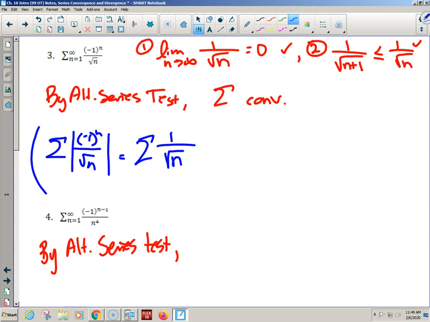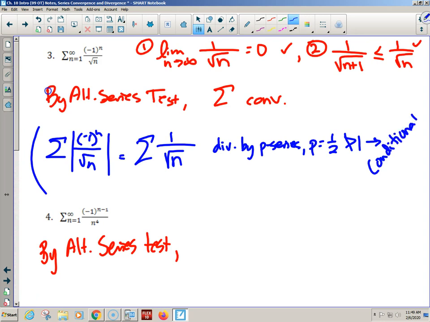Guys, what would this series do if I ignored the alternator? So what does this lead us to? What type of convergence does it have? Conditional. Yep. It's only because of the alternator. It wouldn't be otherwise.